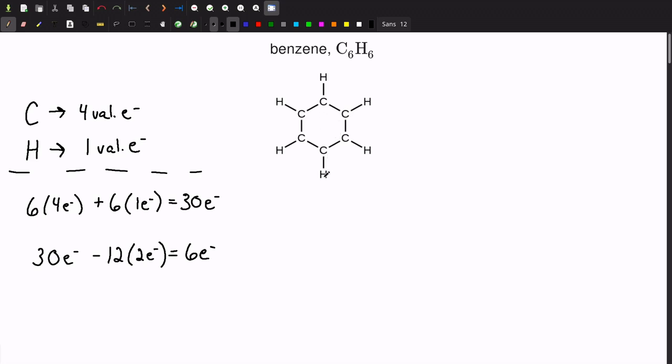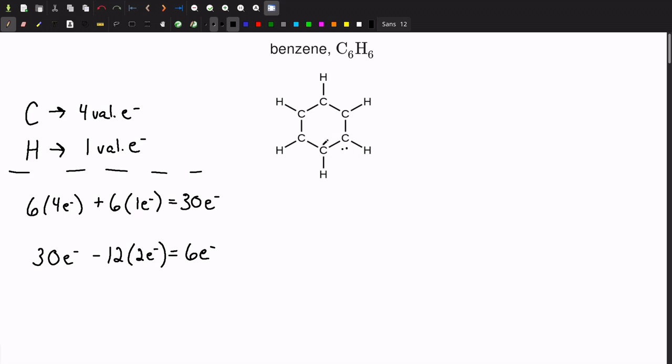So if we look at this, all the hydrogens are already happy. They all have their 1 bond. They're good. If we look at it from carbon's perspective, 1, 2, 3, 4, 5, 6. If I placed a double bond or a lone pair on this guy, he's now going to be happy, right?